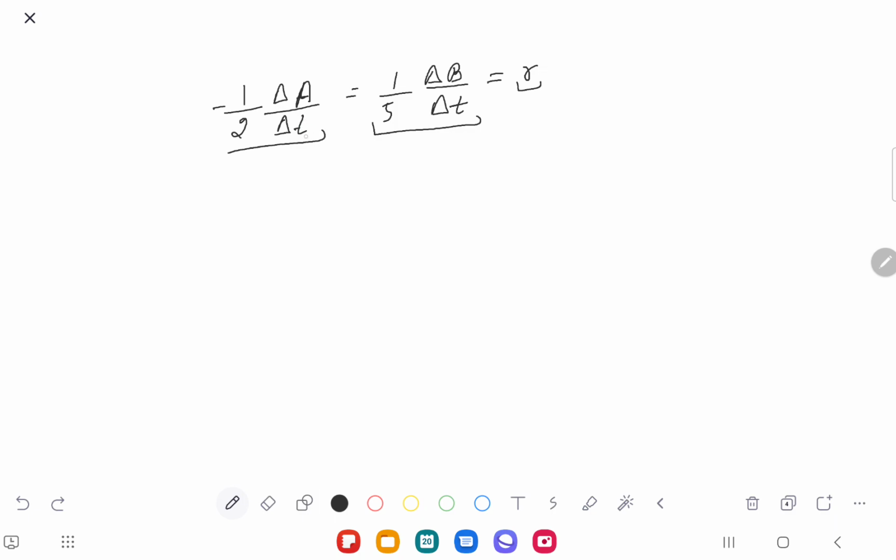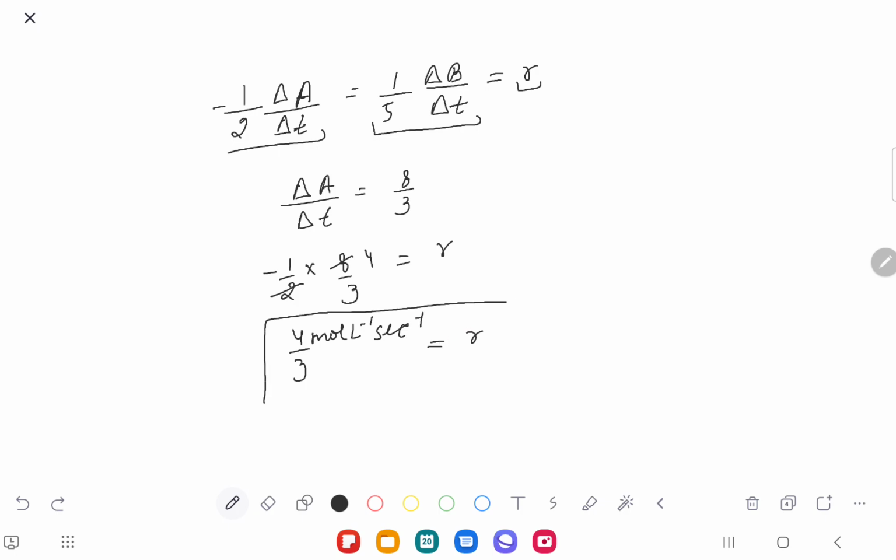And I have just calculated delta A over delta T, that is 8 over 3. So I would do minus 1 by 2 into 8 over 3 would be my R. So my rate of reaction would be 8 over 6, or I could say 2 times 4, so my answer here would be 4 over 3 moles per liter per second. That would be my rate of reaction.